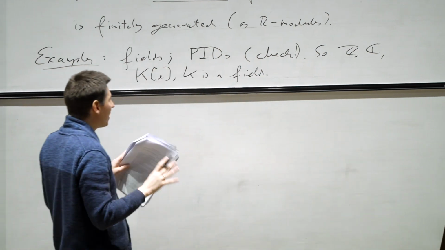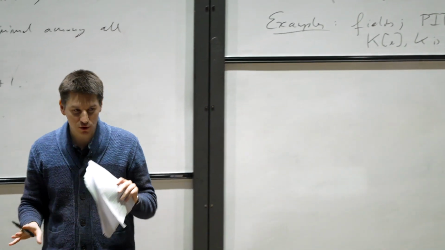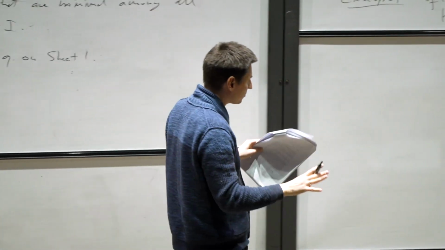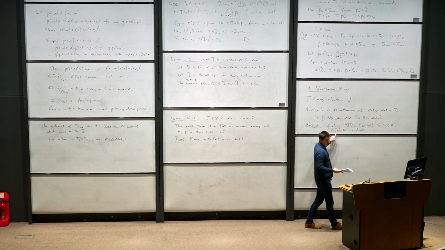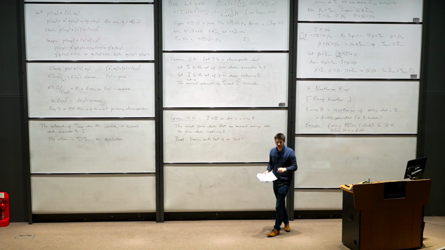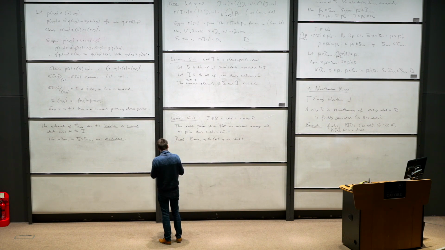These are the primary rings that we are particularly interested in. We want to have a theory that is as general as possible, but really what we care about is Z and polynomial rings over fields. These are the two classes of rings that we really care about.